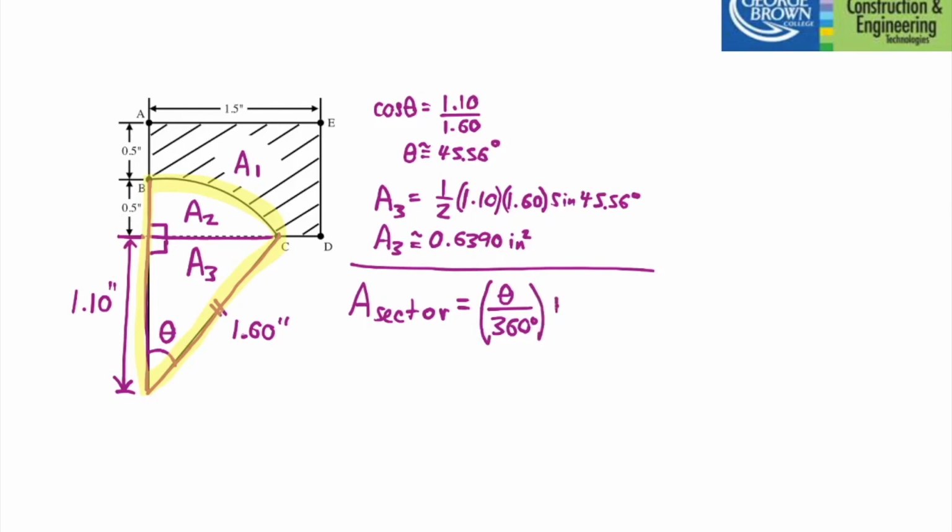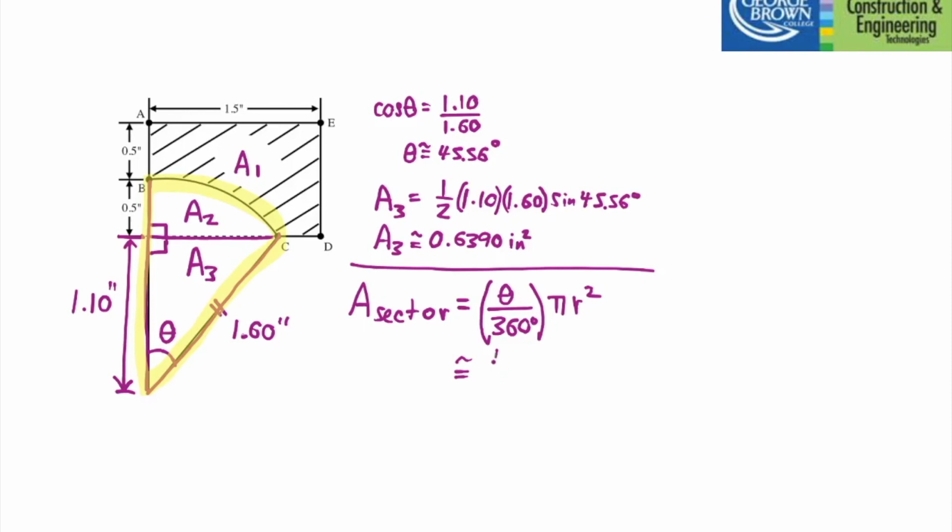Alright, so I'm just writing down the formula here. That's theta over 360 times pi r squared. And actually I'll just put r squared here. We know that the angle is 45, and we know that the radius is 1.6.